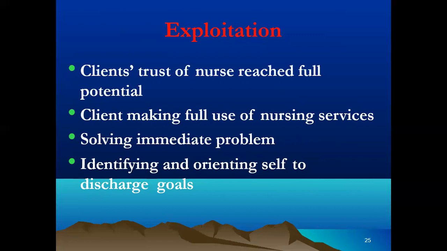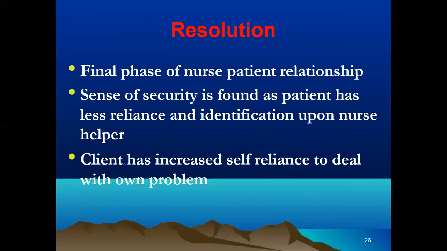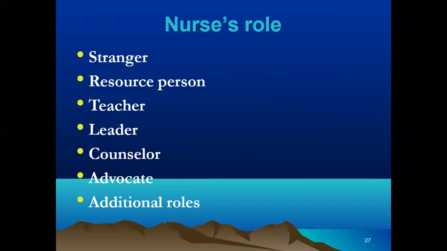Identification and orientation of the patients towards discharge is also exploited. Resolution, this is the final phase of this nurse-patient relationship. Sense of security is found as the patient has less reliance and identification upon the nurse helper. The client has increased self-reliance to deal with their own problems.